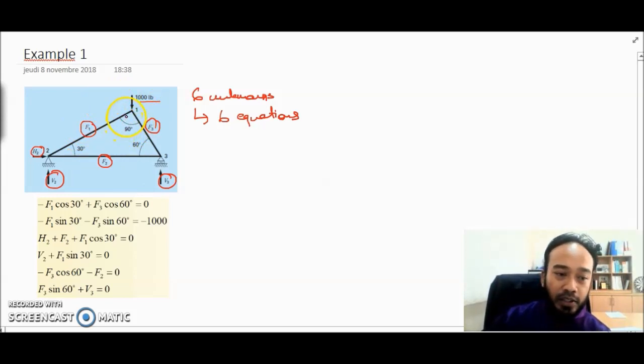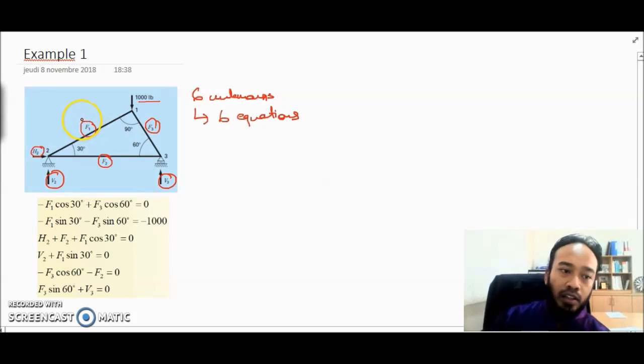So what you need to do is to isolate each arm, and on each arm you can do your free body diagram, for example. And on each arm, for example, in arm number 1, when you do your free body diagram, there's going to be force affecting the arm vertically and horizontally, right?